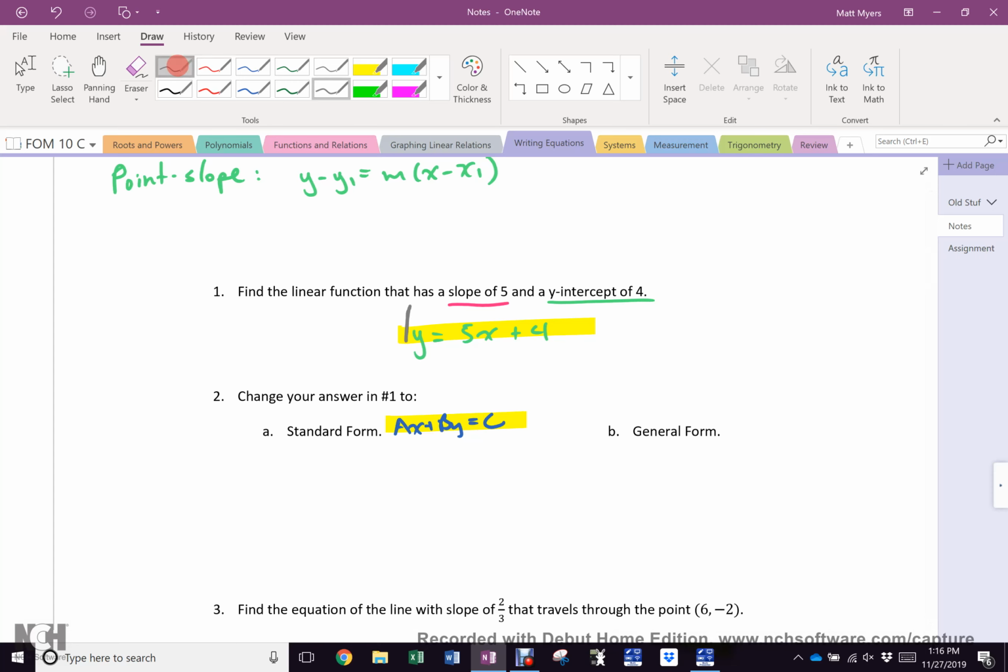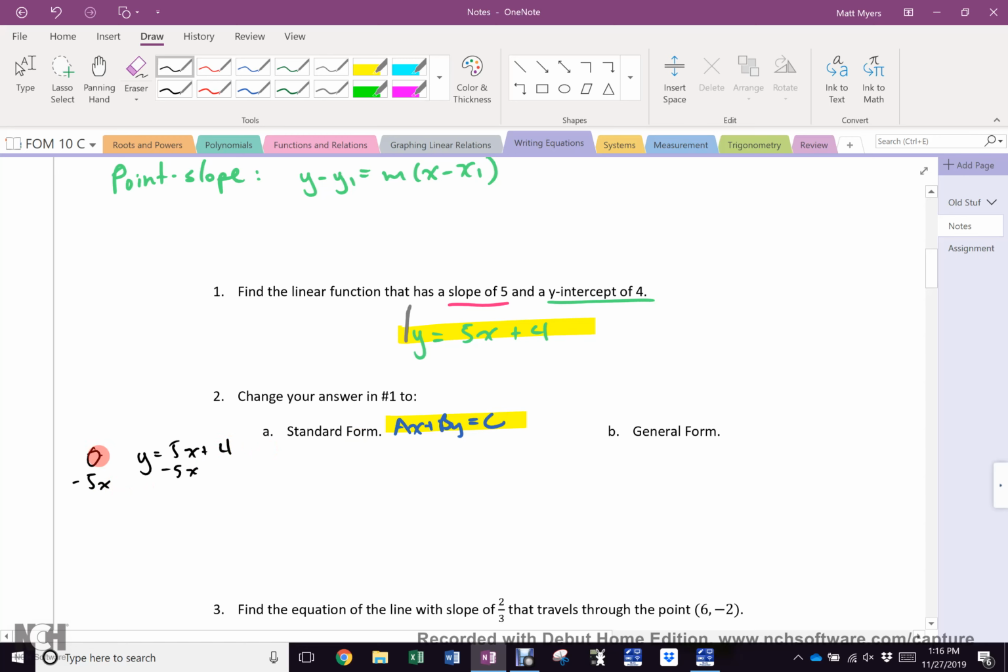We could go y equals 5x plus 4. Okay. Well, I don't like this 5x here because it's supposed to be on the right. So I'm going to go minus 5x. And if I take 5x away from the right side, I better take it away from the left side. And then I have to have a number here, 4.